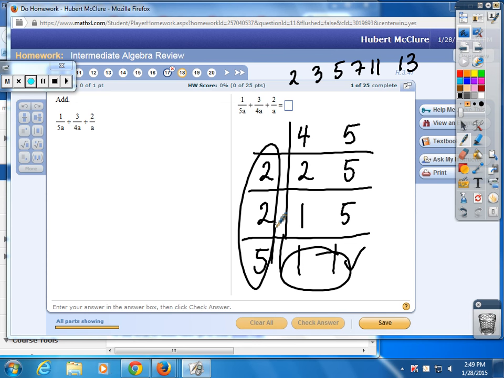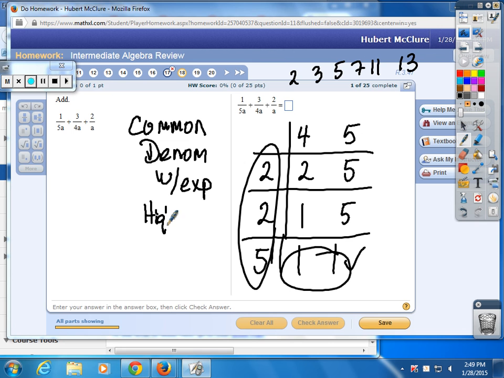How do you find a common denominator with an exponent? Easy. You just use the highest exponent. Highest, Hubert. Yes, that's right. When you want to find a common denominator with an exponent, you always use the highest exponent.